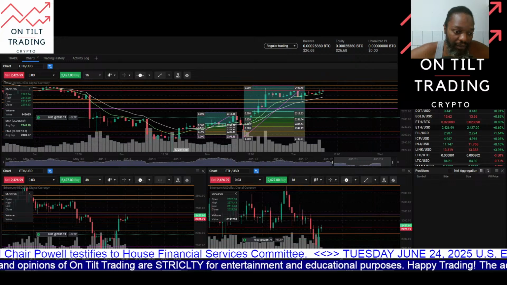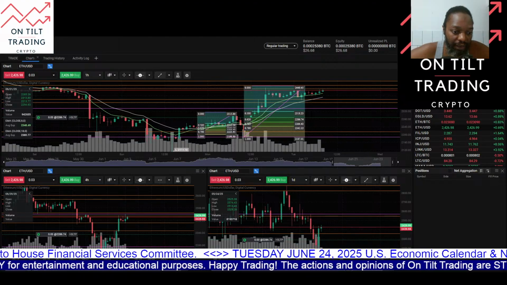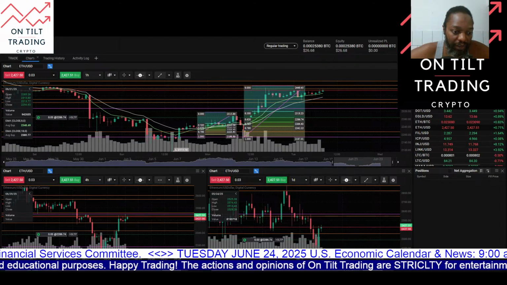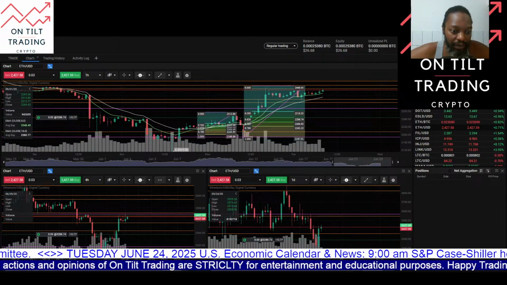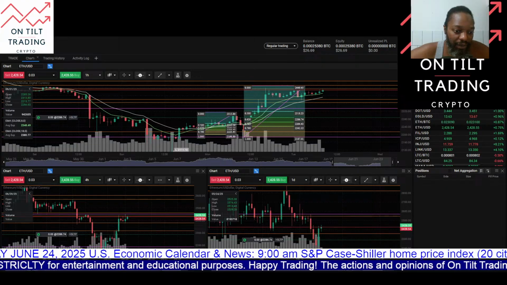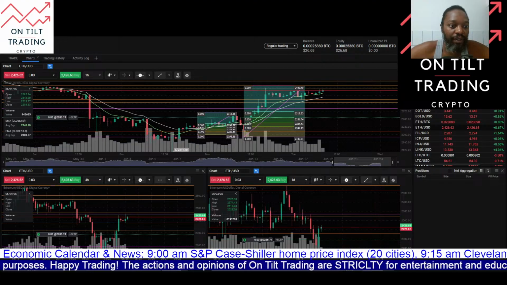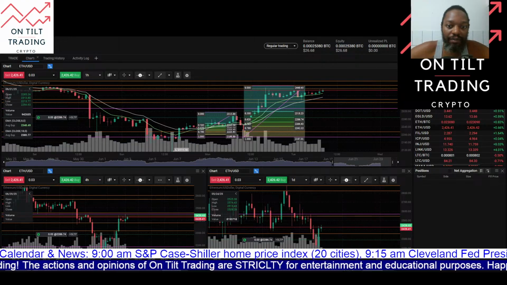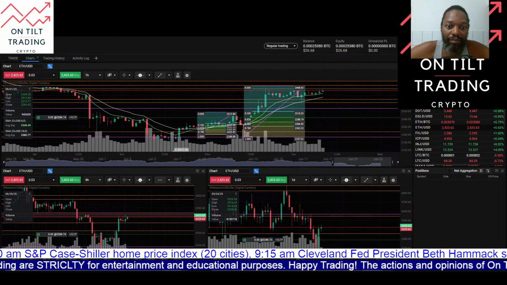see that swing on the daily. Also seeing this candle here as an order block, and then what do we have? Seeing this swing here as well, and then on the 60-minute here, having this break of structure here.